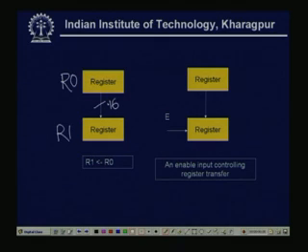Now, an enable input controlling register transfer: again this is register R0, register R1, 16-bit, and this is my enable signal E. Here the enable is the output of the conditions after being checked. That means whether E is true or E is false will be decided after processing the conditions, and that gives a controlled register transfer.